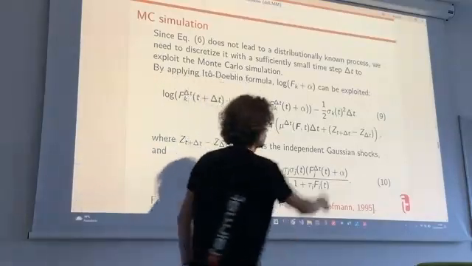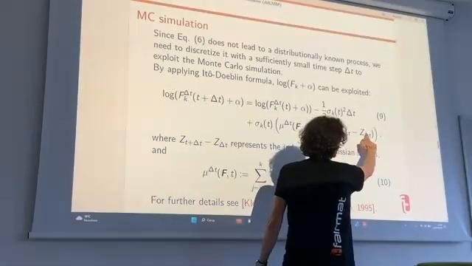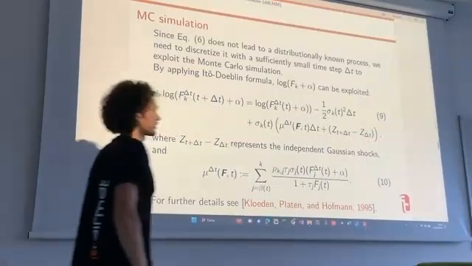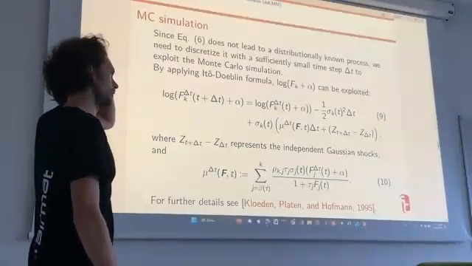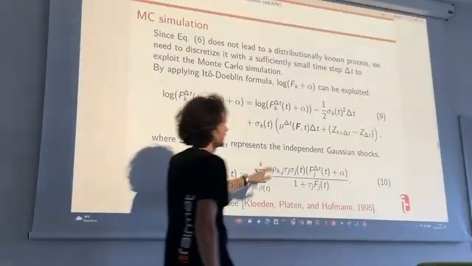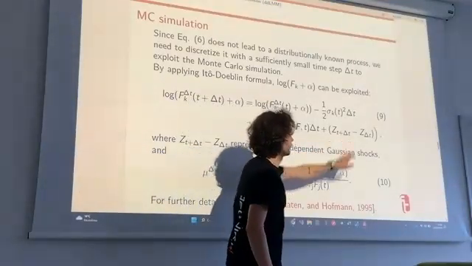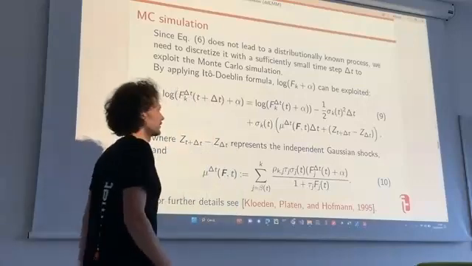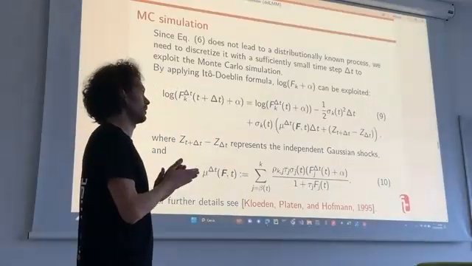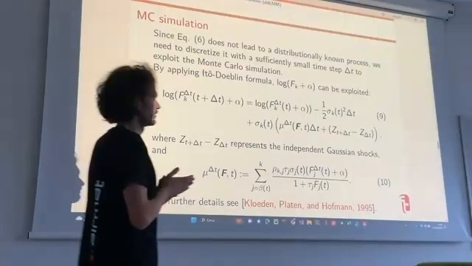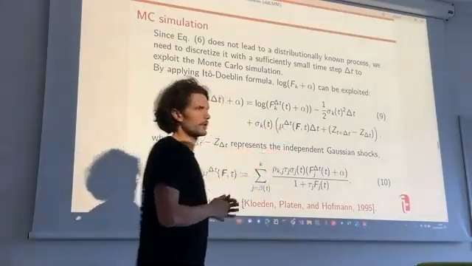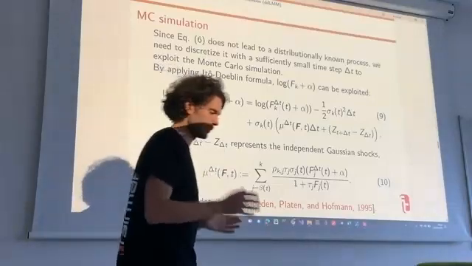Sorry, this is not that, but this is this. Sorry for that. This is it. And what we are saying here is that this is nothing else than some independent Gaussian shocks. So this is the noisy part, the random part, let's say the stochastic part.